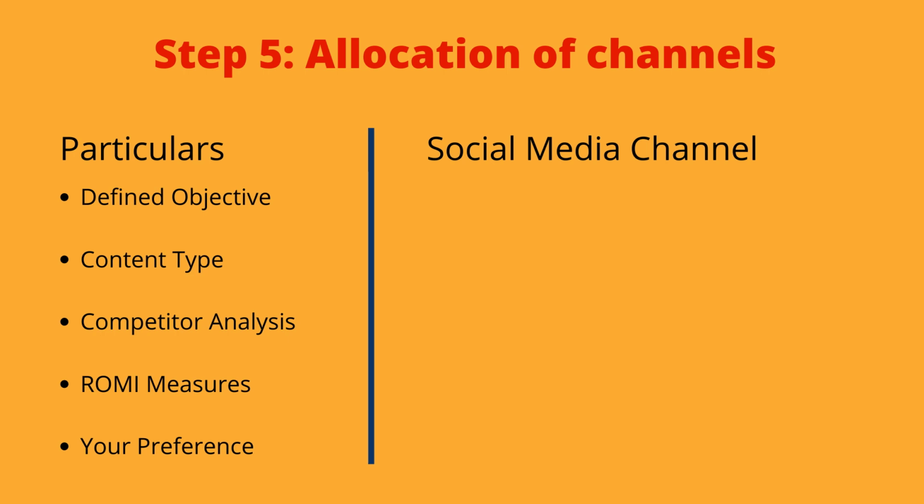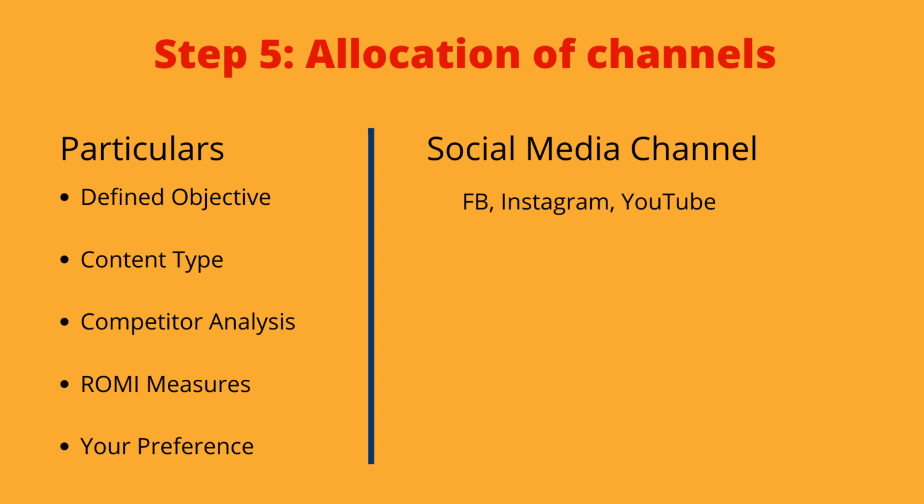Till step 4, we decided some parameters on which we will take the decision of which social media channel we should start with. So in step 5, we do the allocation of these channels. How will you do it? In the left column, you can mention your particulars like the defined objective, the content type, competitor analysis, ROI measures, and the last thing I've added here is your preference. According to the defined objectives, which social media channels do you think are appropriate?